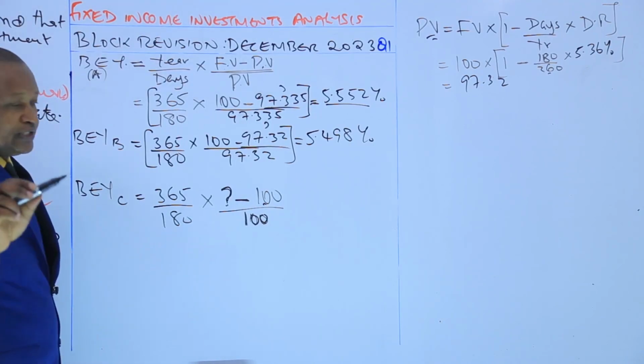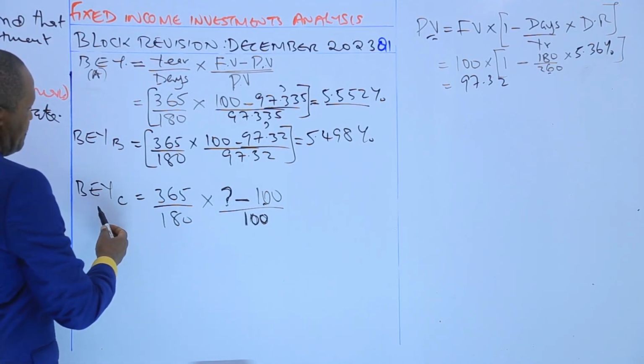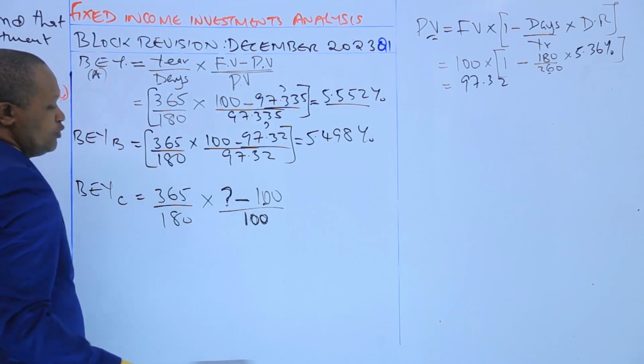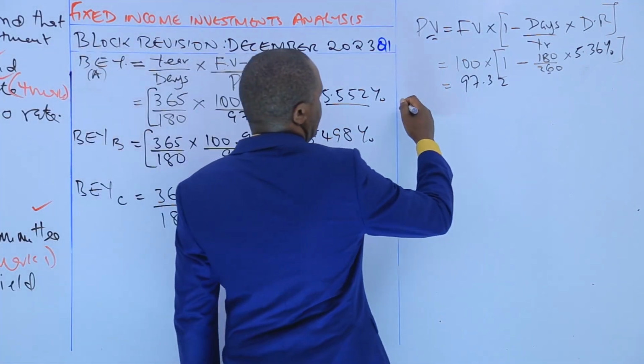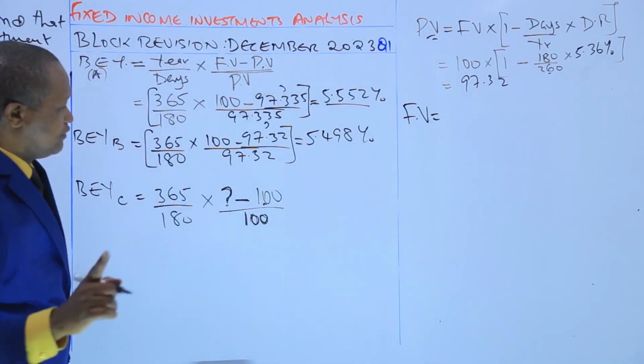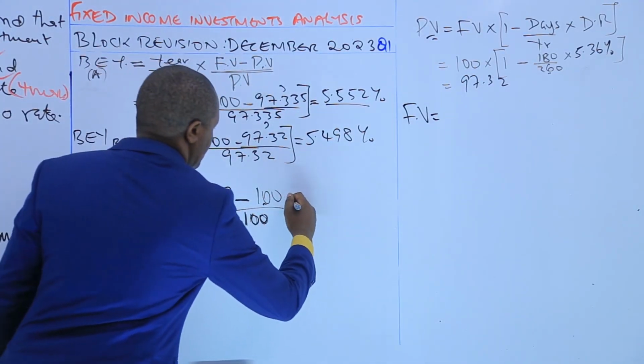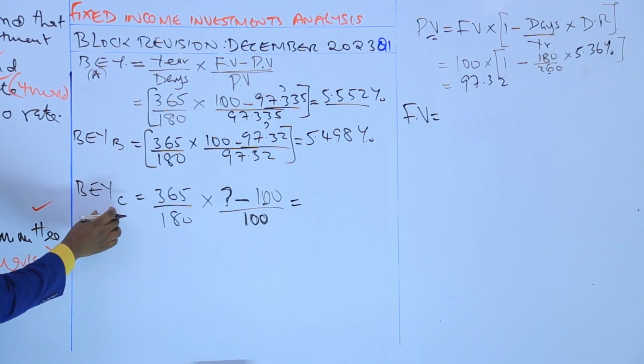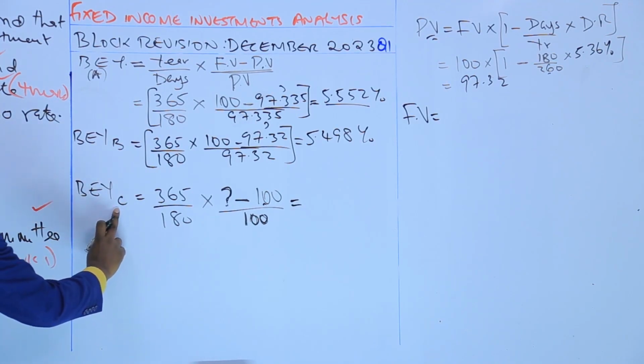So the unknown in this calculation is the future value of this bond. We need to determine the future value of this bond in order to calculate the bond equivalent yield of instrument C.